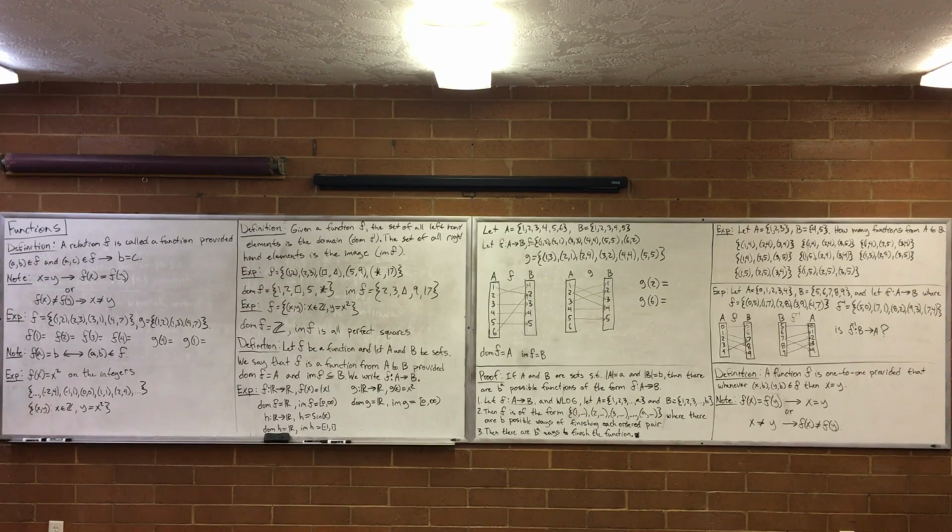It follows that exact intuition that you have. Every unique input goes to a unique output. No input has two outputs. If you have different outputs, you have different inputs. If you have the same input, you have the same output. Good?